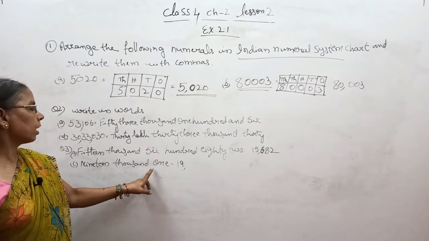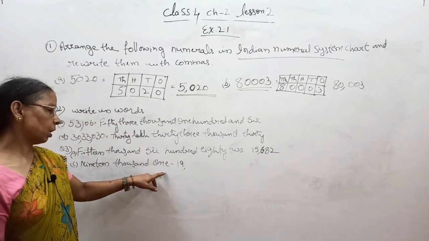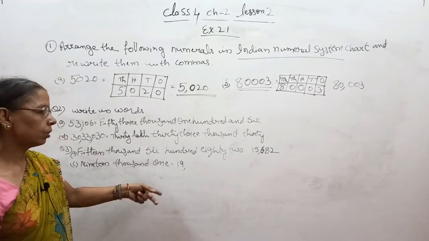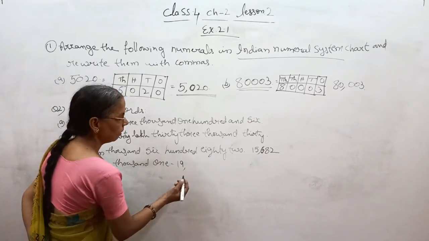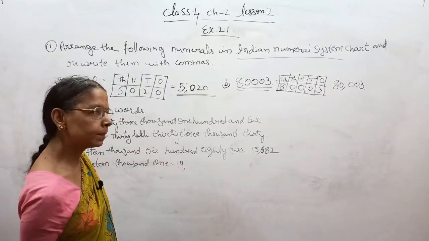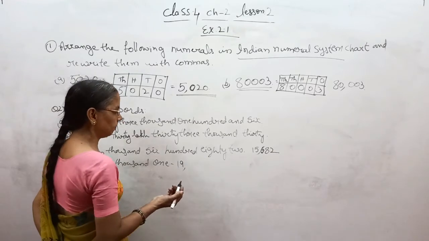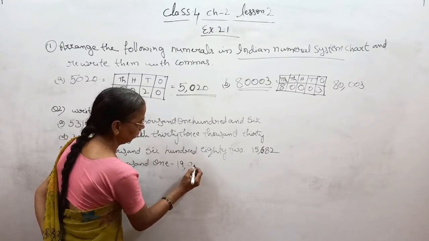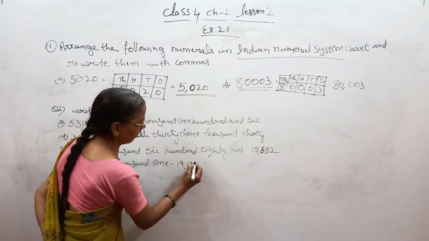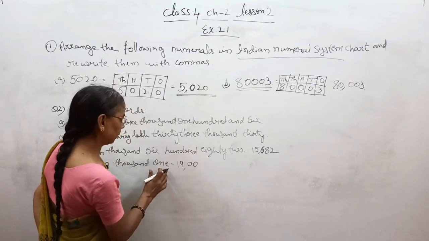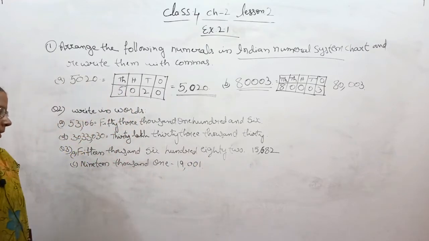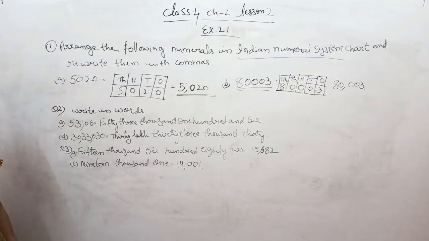Again, there are no hundreds and no tens. When we don't have any numbers in the places in between, we simply put 0 in the hundreds place and again in the tens place. Then it is given 1, so we write 1. Like this, we can write the numbers very easily.